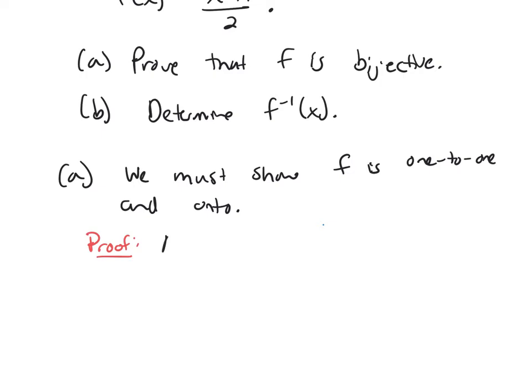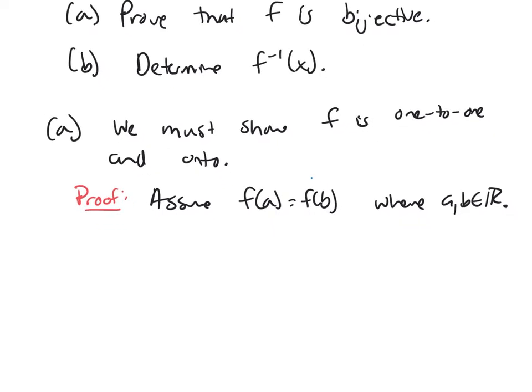Let's assume f of A equals f of B, where A and B are in our domain, they're in R. So then plugging these into our function, we get (A cubed plus 1) over 2 equals (B cubed plus 1) over 2.